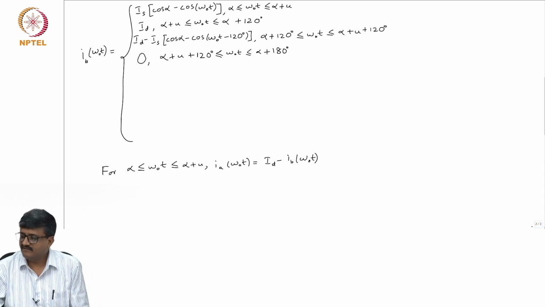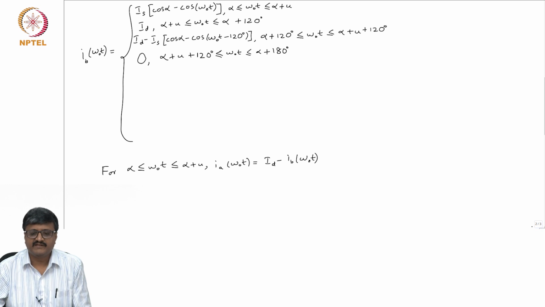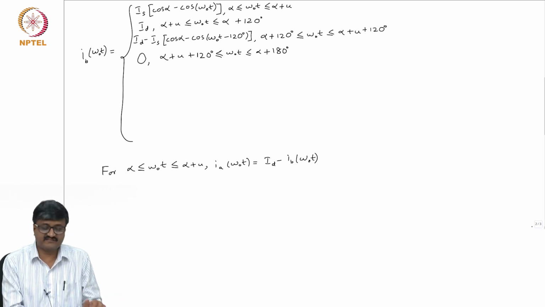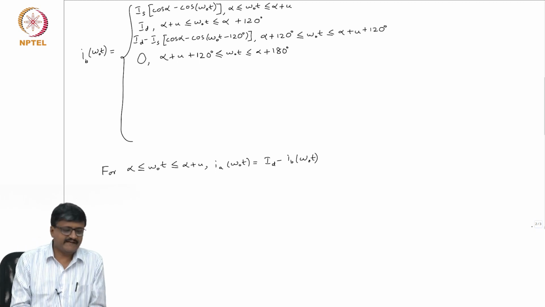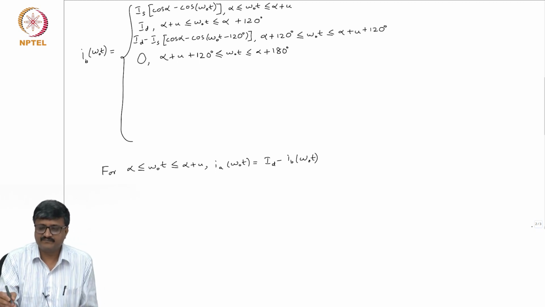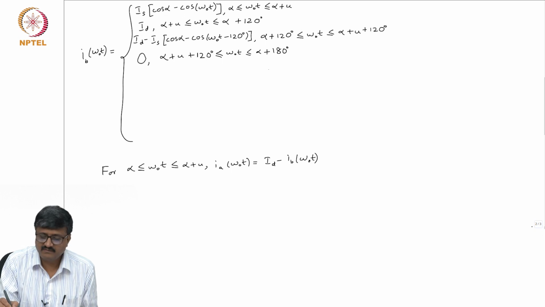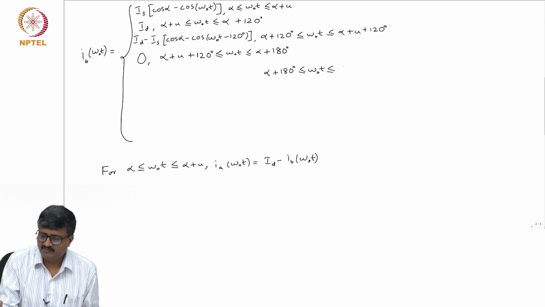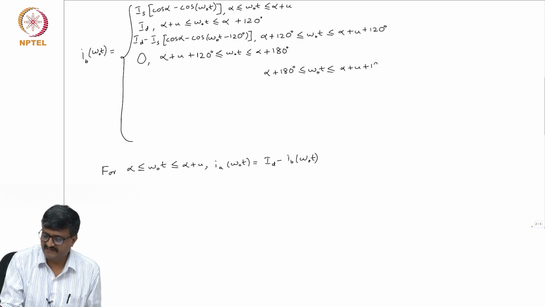Then after that what happens? The next subinterval is alpha plus 180 to alpha plus u plus 180, that is, alpha plus 180 less than or equal to omega OT less than or equal to alpha plus u plus 180.